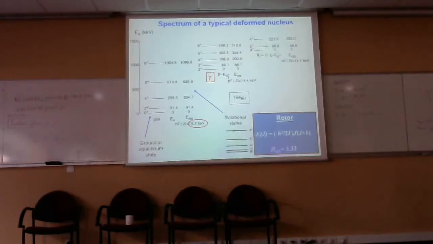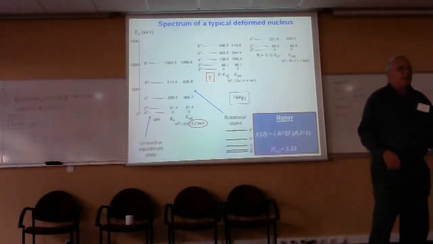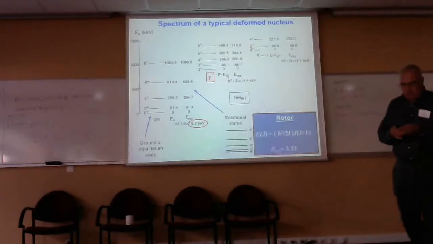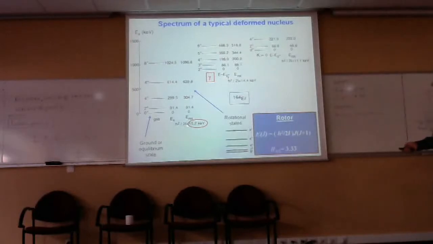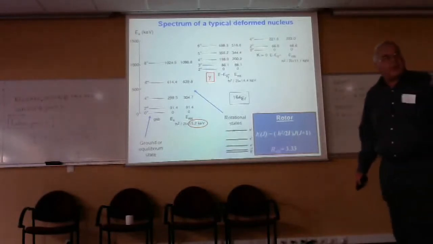What you said is basically a centrifugal force. As the nucleus rotates, if I go faster, I'm going to spread out. And so the radius will increase, the moment of inertia will increase, and the energies will drop. Is that clear?